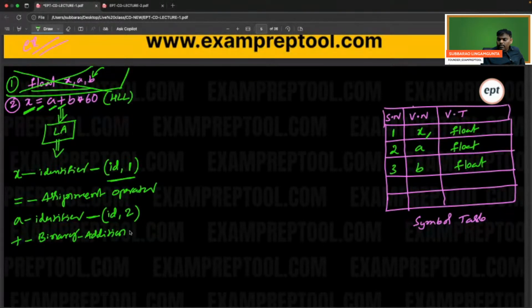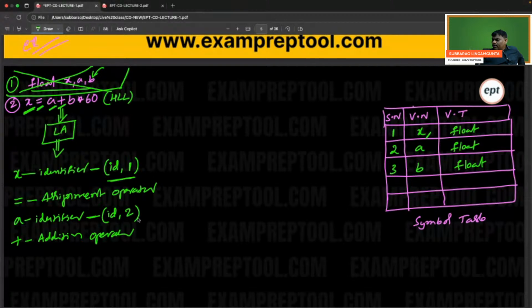Or if you want, you can just say addition operator, no need to make it complex. Remember, an operator is a token, but there is no token number.